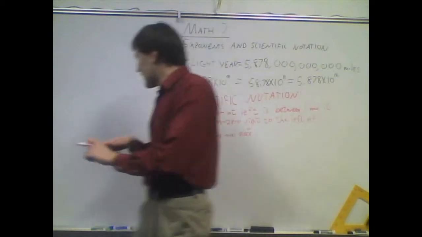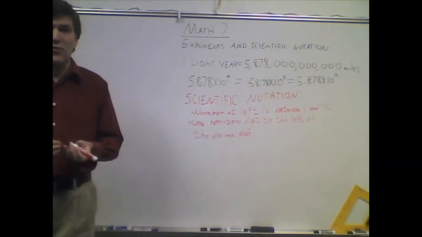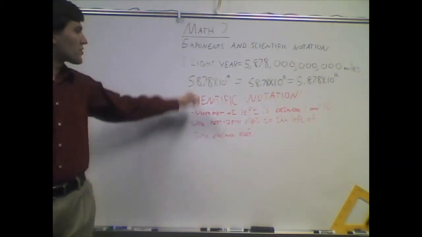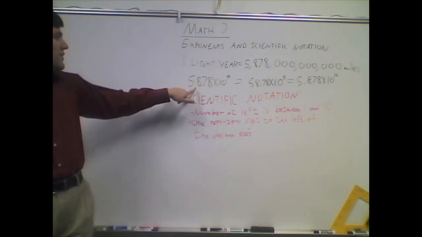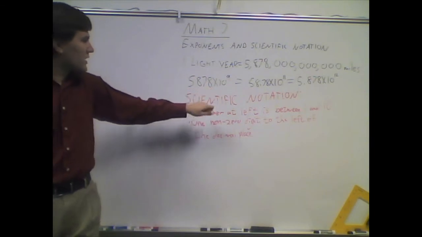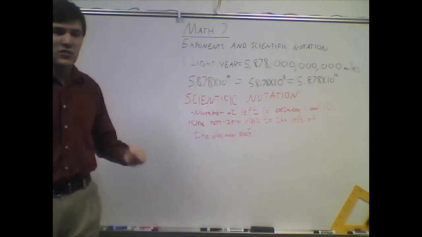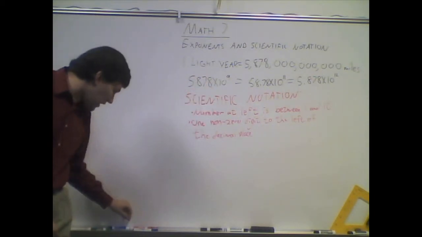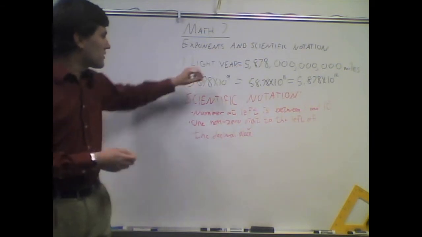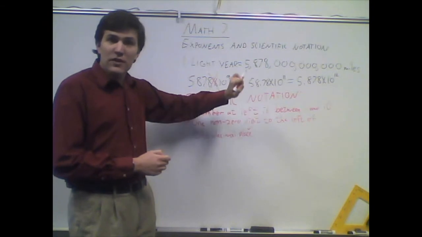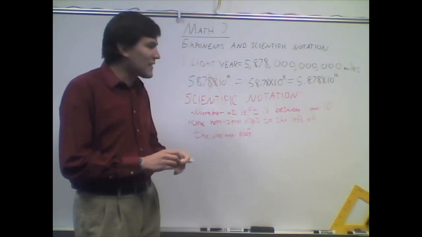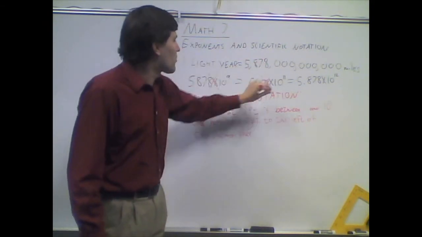So if we look back at the 3 ways we had of writing this very large number, how many miles are in a light year, this one is too large. It is way bigger than 10. So that one is not proper scientific notation. This one here, while smaller, is still bigger than 10. So that is also not proper scientific notation.